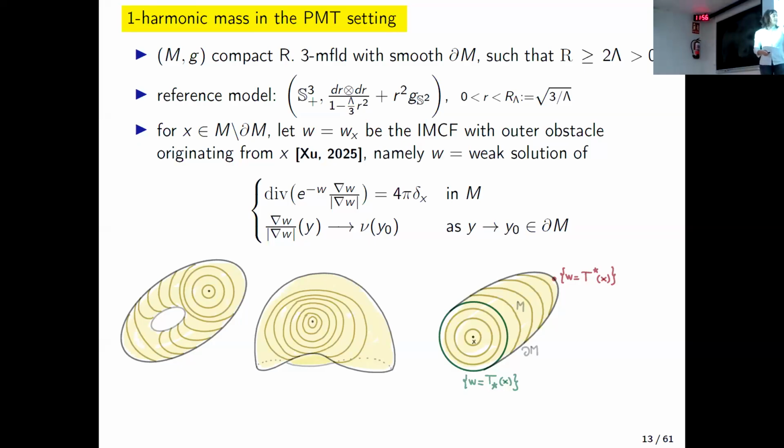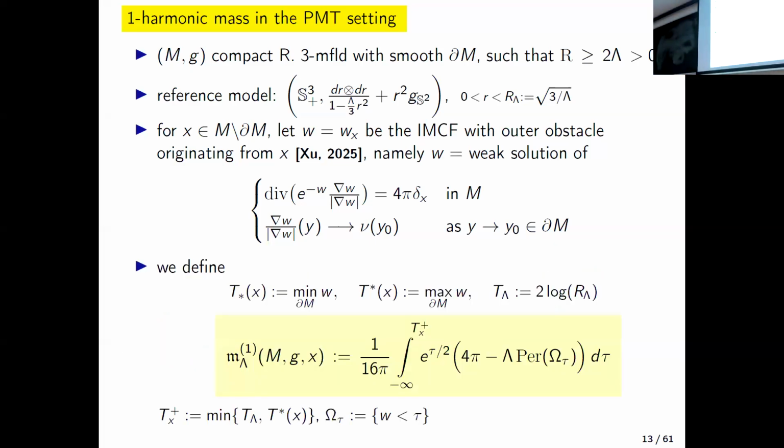The time that we call T lower star, and T upper star, which are the first time and the last time where the inverse mean curvature flow with obstacle touches the boundary. As you can see now, when you start from this black point, the green one is the first level set touching the boundary, and this red one is the last. So remember this, because it is contained in the next definition of the Hawking mass.